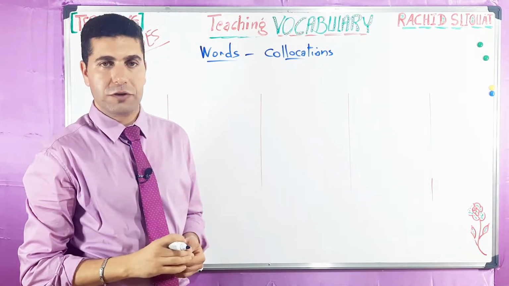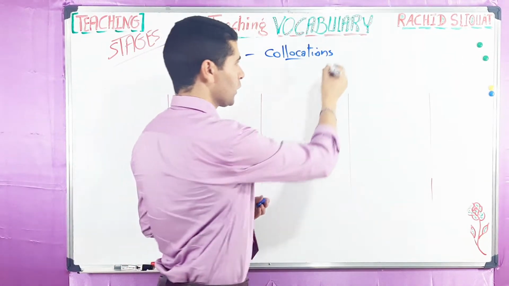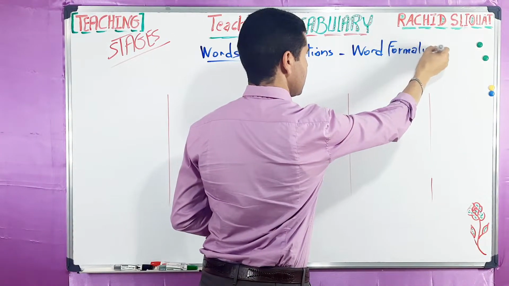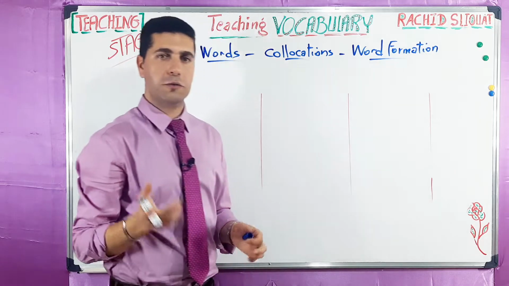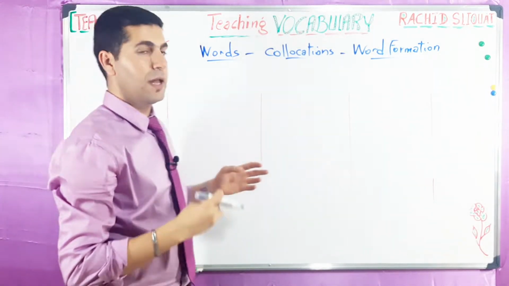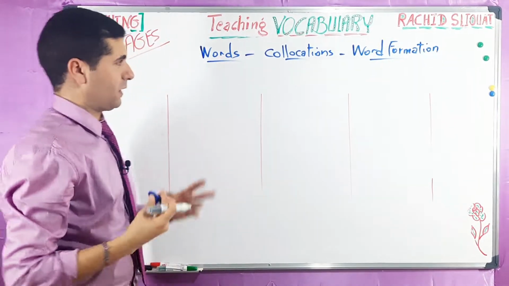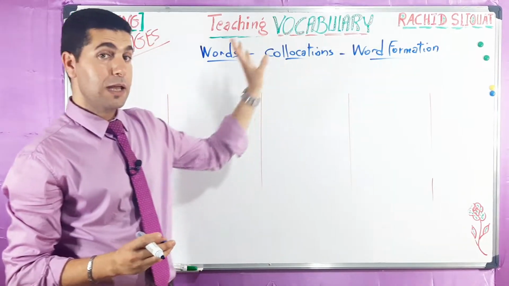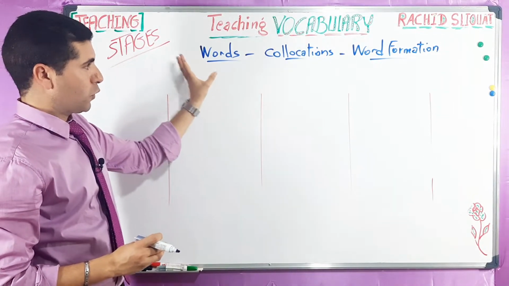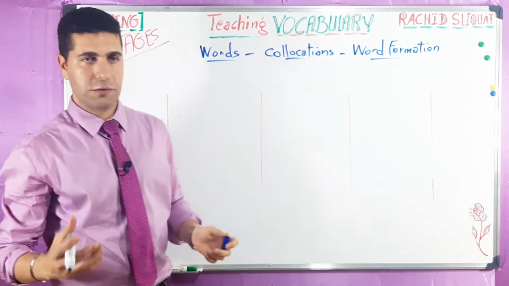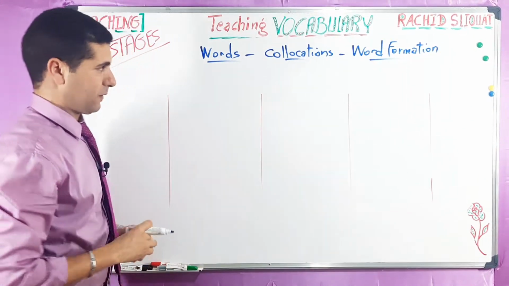We can also teach word formation, and when I say word formation, I mean the use of suffixes or prefixes. We can also talk about word association, categorizing, etc. So this is what we can teach as far as vocabulary is concerned: words or collocations, or word formation, or word categorizing, etc.